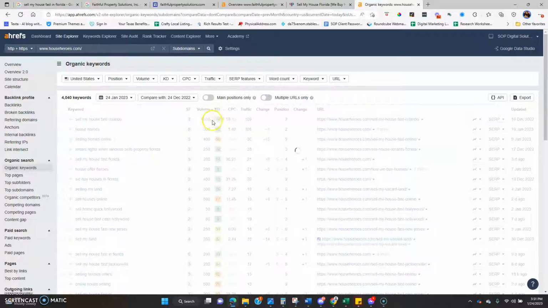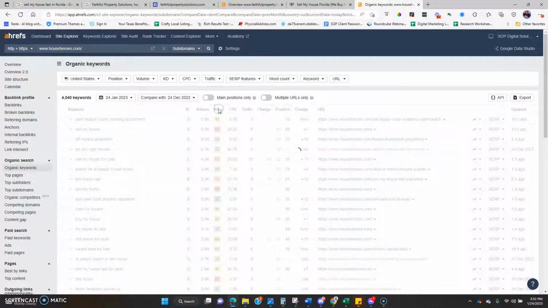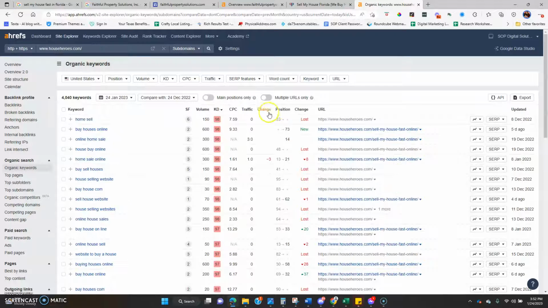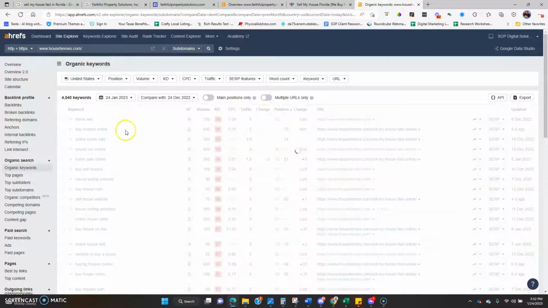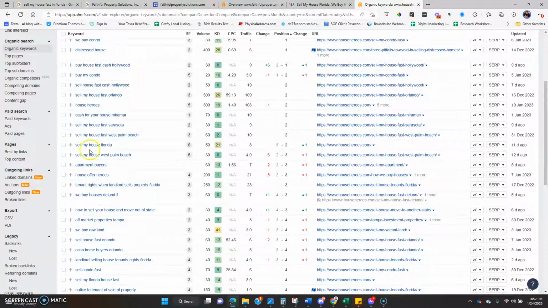So let's see their position here. Okay, so one, how we buy condos. Sell my home quick. That's Hollywood. Let's find Florida. Sell my house Florida. There's 50 searches for that, with a difficulty of 21.